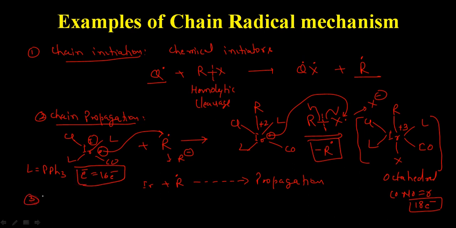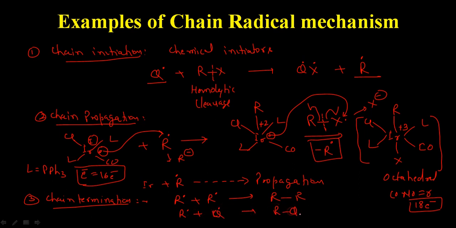The third and final step is chain termination. So chain termination can be brought about by reacting two alkyl free radicals or alkyl free radical with initiator to form RQ. This step is consuming free radicals, so this will terminate the chain.